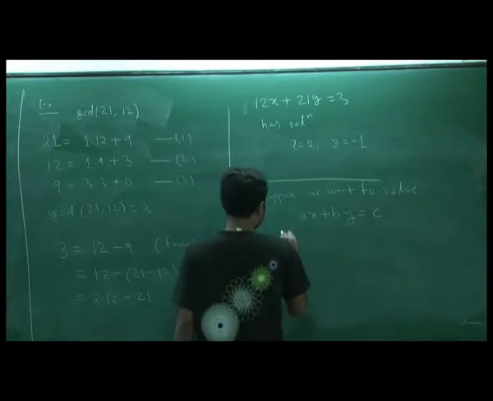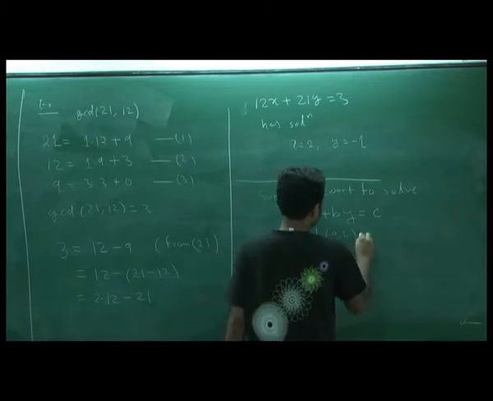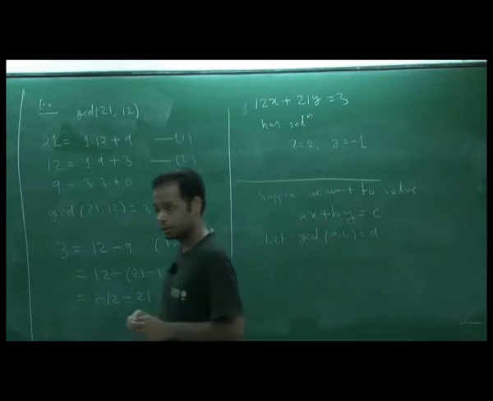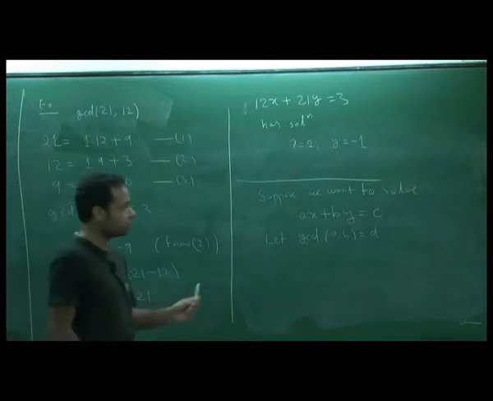Let GCD of A, B equal D. Because from this step I wrote 3 equals 2 times 12 minus 21, so 2 is x and minus 1 is y.